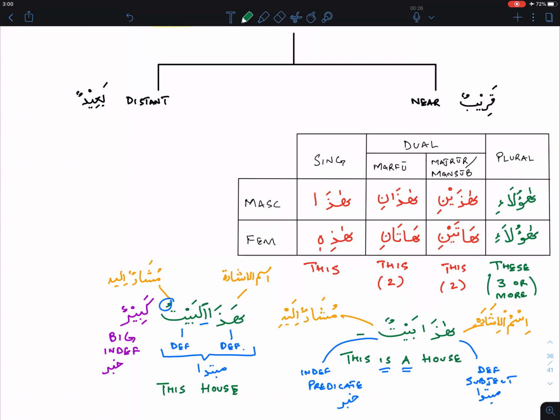If you're pointing to a masculine thing, then the Ismul Ishārati will be masculine. If you're pointing to a feminine thing, it'll be feminine. If you're pointing to something singular, you will use the singular, and so on and so forth. But then there are some exceptions which I'll go through in the next lesson, inshallah.